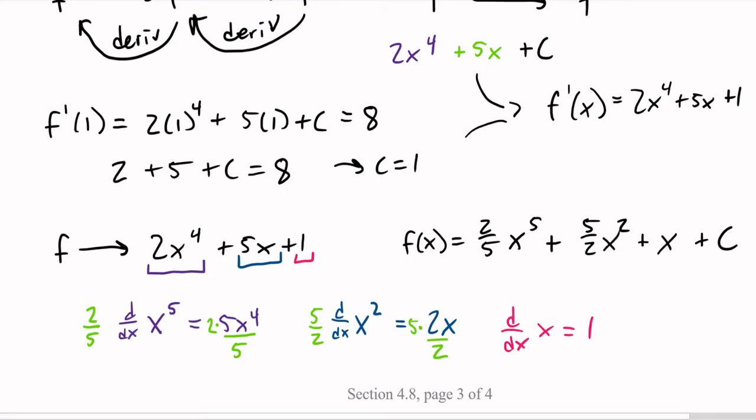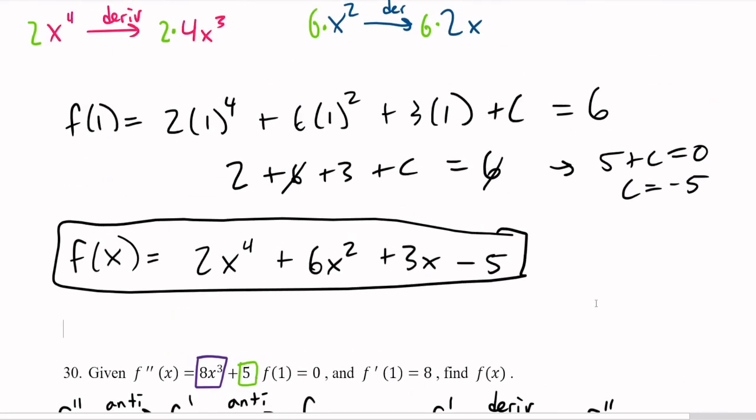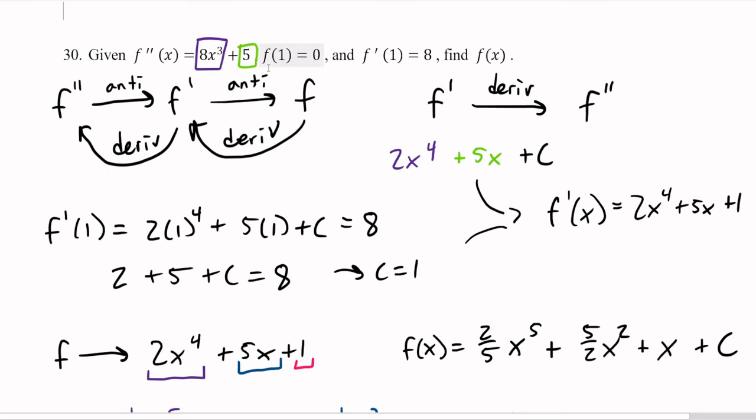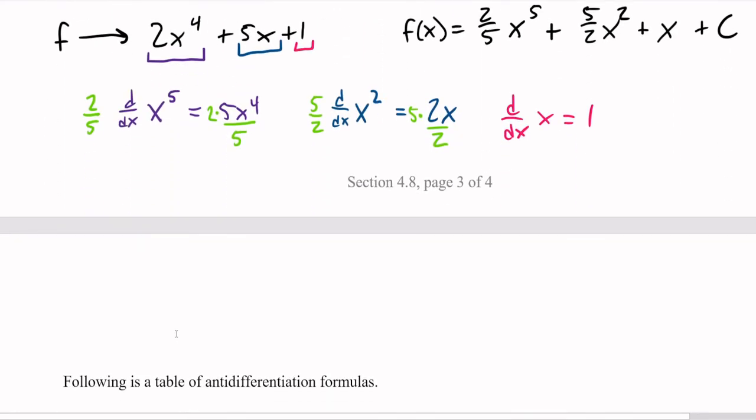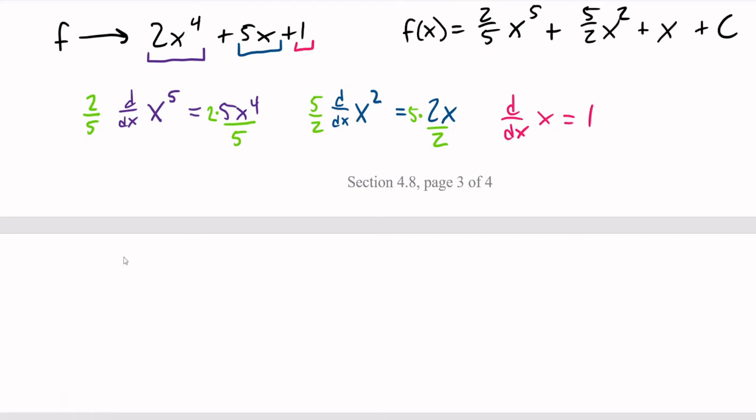Okay, so then how do I find this constant? Well, I gave you that f of 1 is 0. So we know how to do this. Well, f of 1 is going to be equal to, just grab your function here, 2/5, 1 to the 5th is 1, plus 5/2, 1 to the square power is 1, plus 1 plus c equals 0.